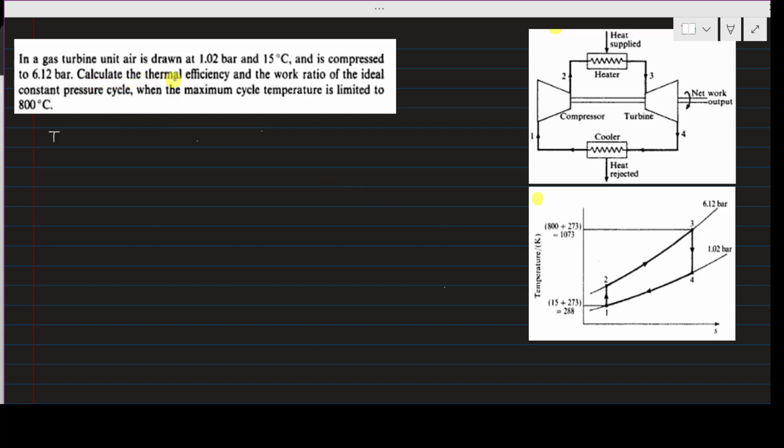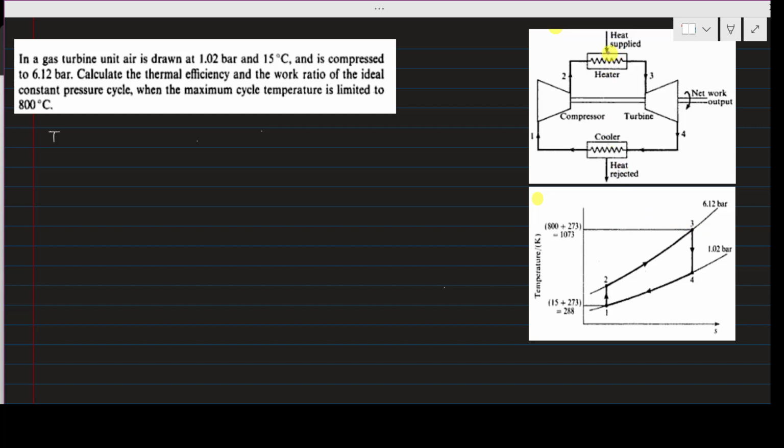Now we have to calculate the thermal efficiency and the work ratio of the ideal constant pressure cycle, when the maximum cycle temperature is limited to 800 centigrade. The maximum cycle temperature is obtained at T3. Why at T3?